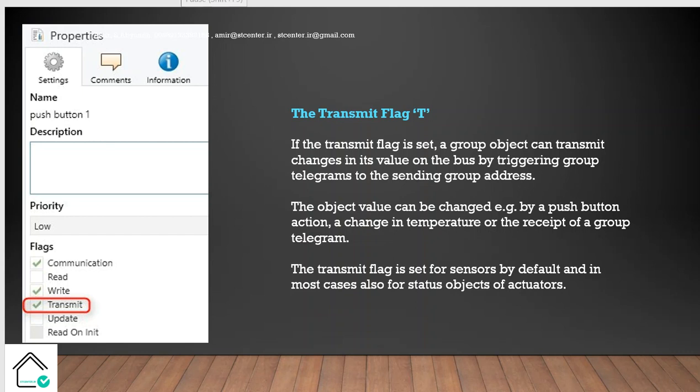Why a status object for an actuator? Because we want the actuator to send its latest value if something changed. For example, you switch off the lights from monitoring on your mobile phone, and the LED in the keypad in the room should be updated. So the T flag of the actuator status should be on to send the data on the bus.